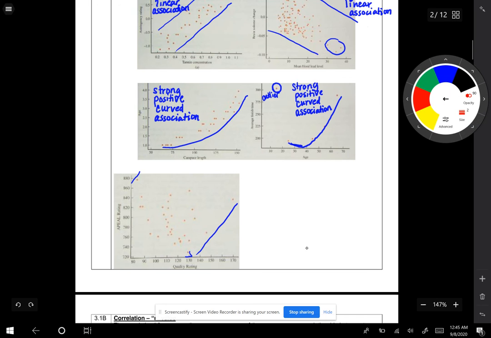Now, if I called it a negative, it's definitely narrower. I missed a point over there. So I would make it a better case as being negative, but again, you can go either way. It's definitely weak. Is it curved or linear? There's really no curve. I don't see a case for a curve, so it's linear. Here, I'll put a question mark because it can be a case either way.